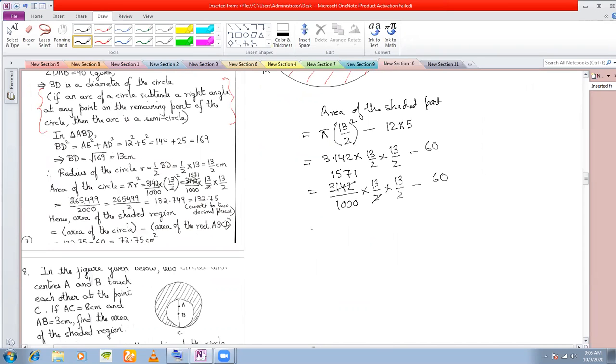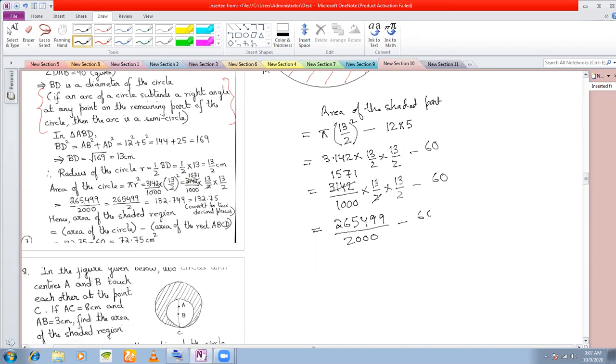That means if you multiply 1571 into 13 into 13, you get this as 265499 divided by 2000.